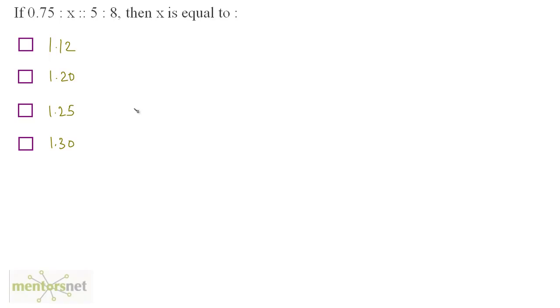If 0.75 is to x is proportionate to 5 is to 8, then x is equal to? Well, whenever two ratios are in proportion, we can say that those two ratios are equal. So 0.75 is to x means 0.75 by x is equal to 5 by 8.